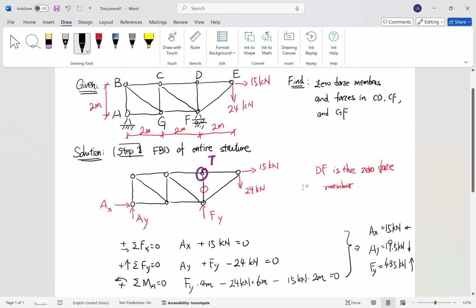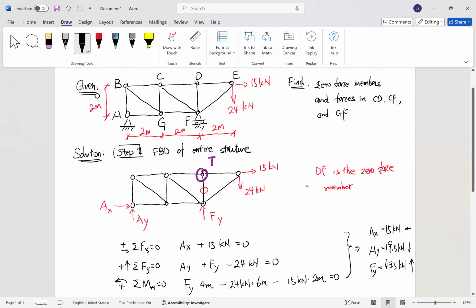So now we already have the free body diagram of the structure, and we established the equations of the entire structure and solved all the unknown reaction forces here. And we can go ahead to illustrate how we can solve the member forces in CD, CF, and GF here.